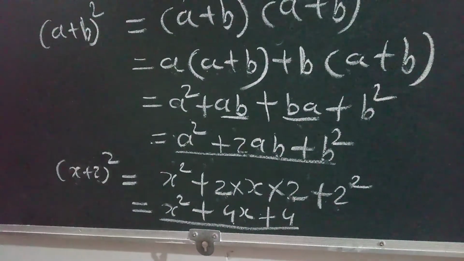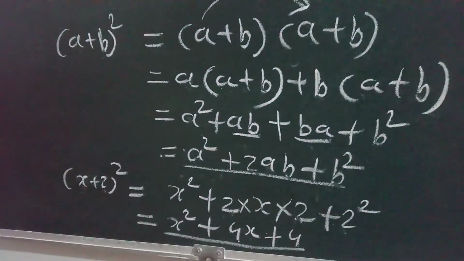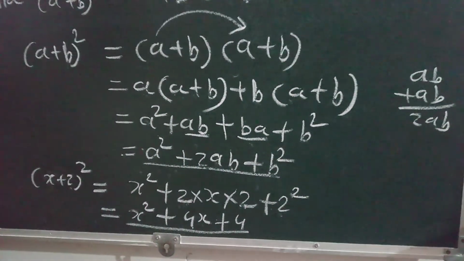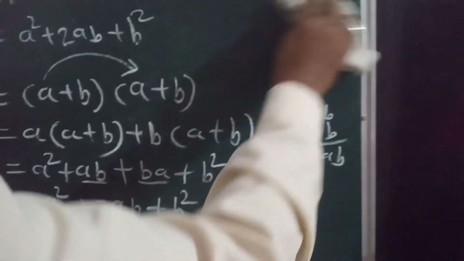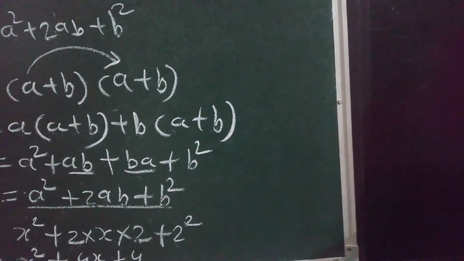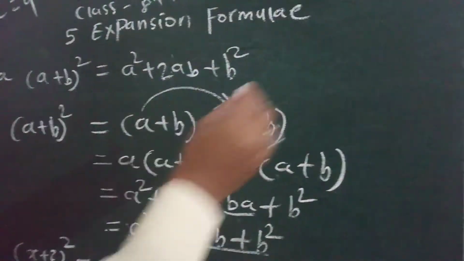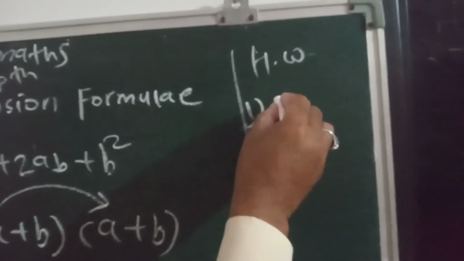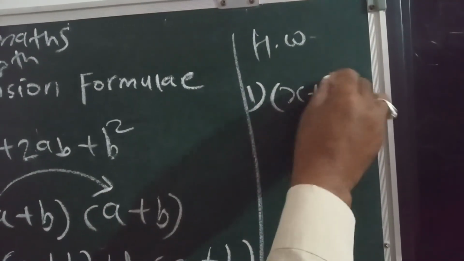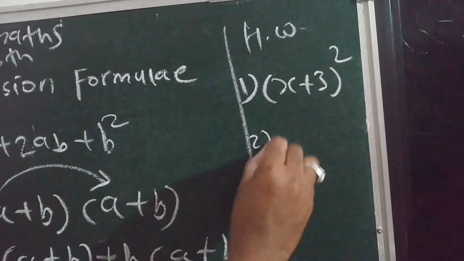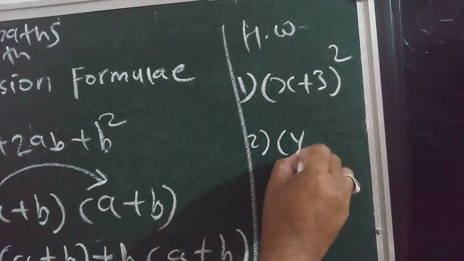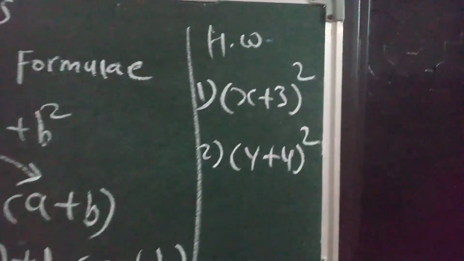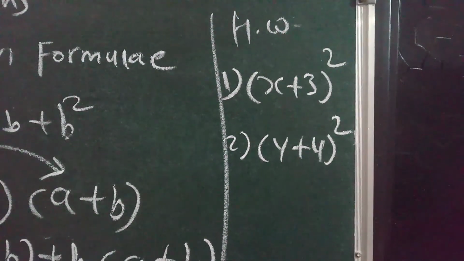There is another formula too, so you have to solve many types of examples using it, and I will give you an assignment to solve at home. First is (x plus 3) whole square, second is (y plus 4) whole square. So you have to solve these two examples at home and bring them solved.